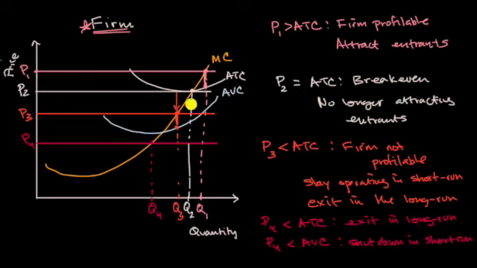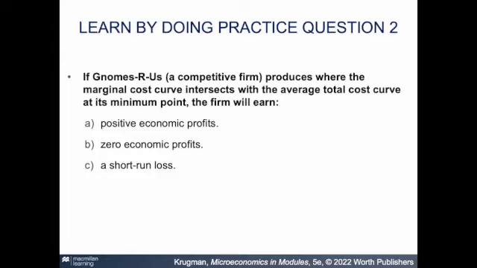Your price is below your average total cost at the rational quantity to produce. So in the long run, you would exit. But because P sub 3 is greater than your average variable cost at the rational quantity, you would stay operating in the short run. And then the last scenario, of course, is P sub 4, where the price gets so low that it just doesn't make sense to operate another moment.